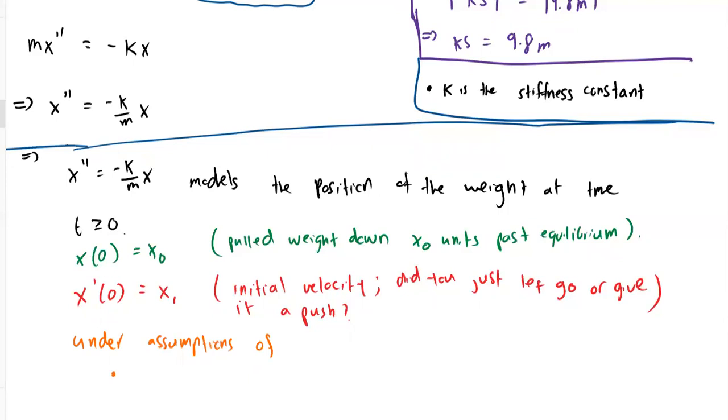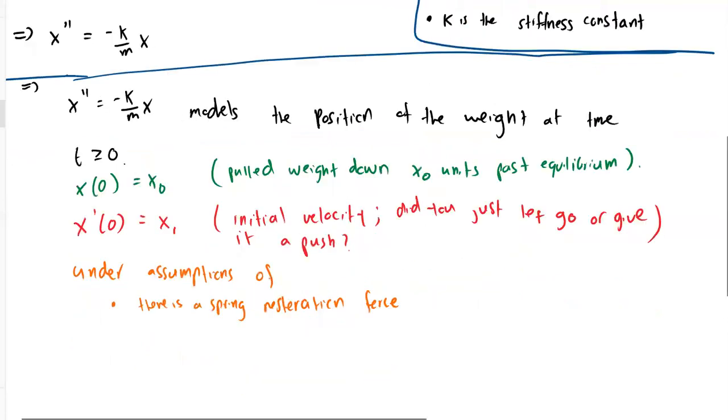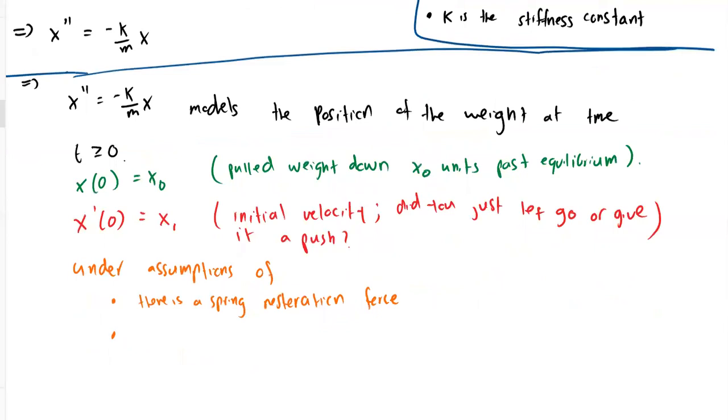First, there's a restoration force, which is equivalent to saying that there's simple harmonic motion. Second, there is no damping, so there's no energy loss. Third, there are free vibrations or oscillations, meaning that we're not forcing any oscillations on this system. Everything's happening on its own. Okay, so these are the 3 assumptions, and we get this model.